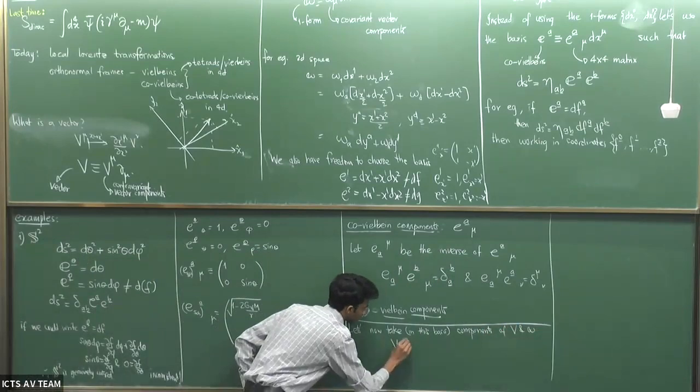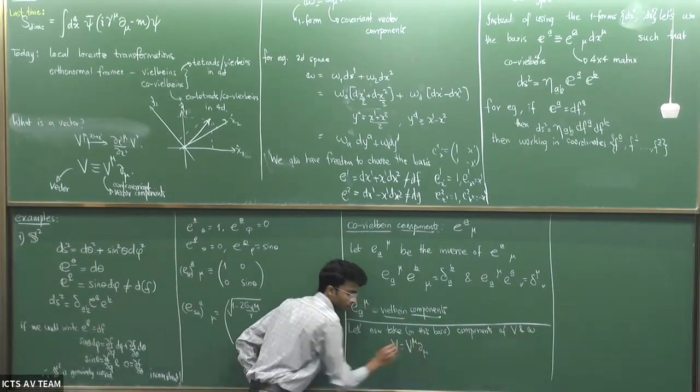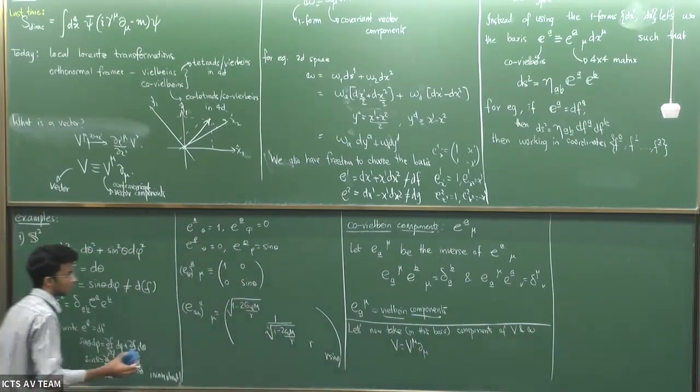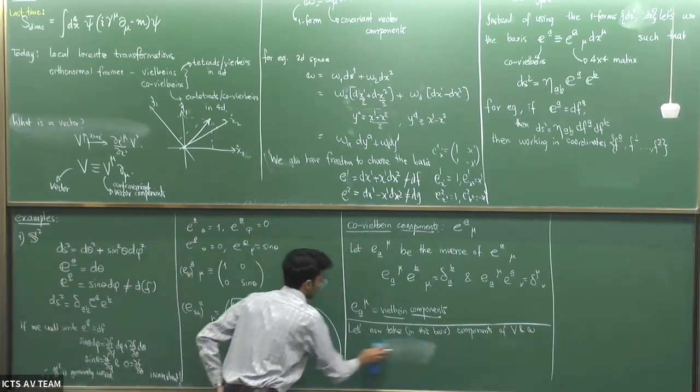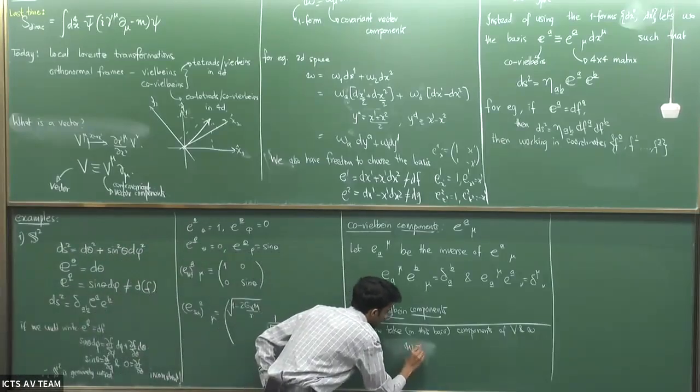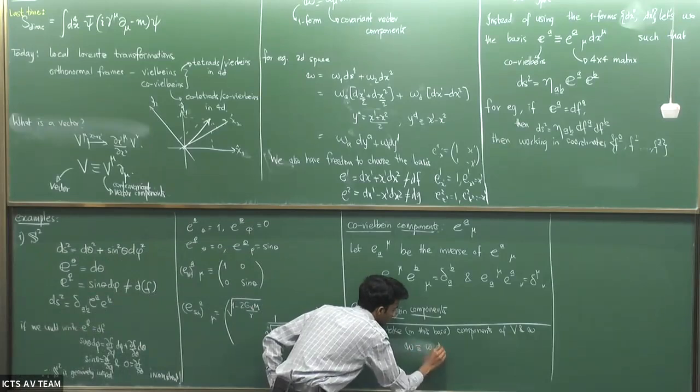A vector is anything that looks like this. Let me first do this for a form, then let me come to a vector. A form is anything that looks like omega mu dx mu.